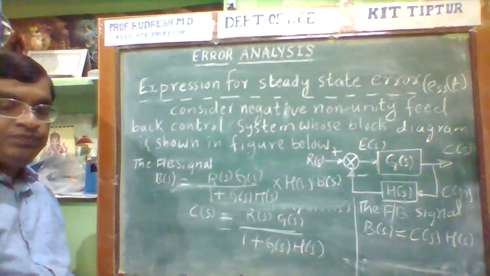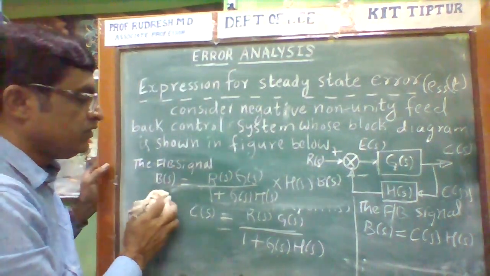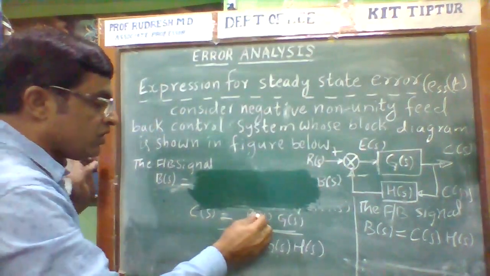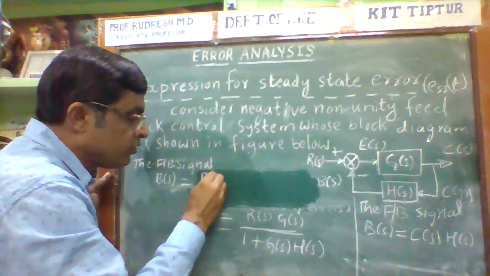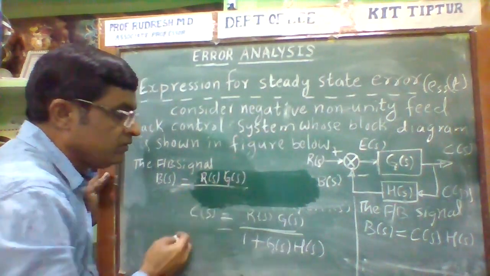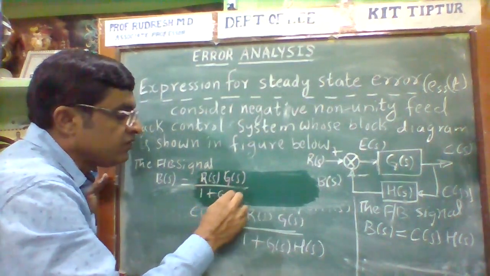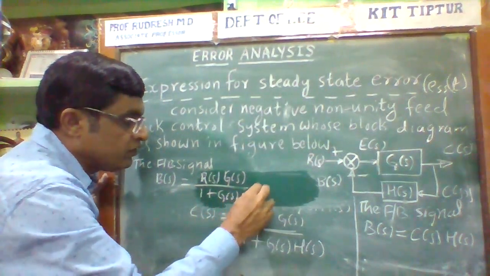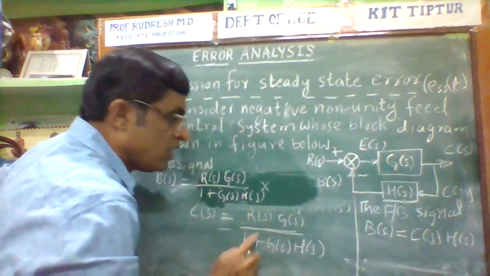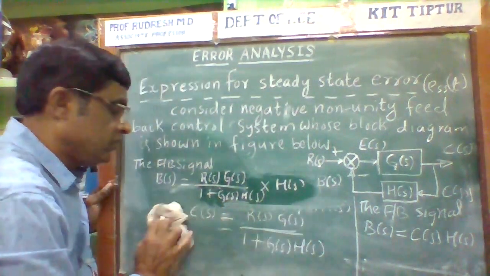C(s) is this value and H(s) as it is. Now this is the feedback signal.